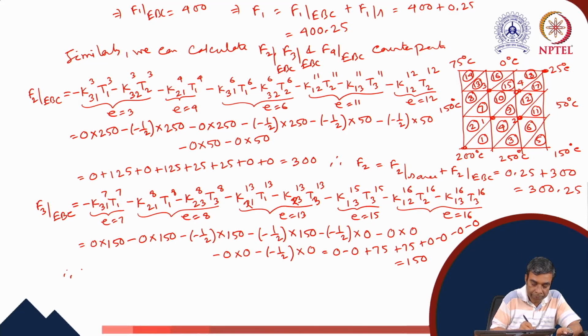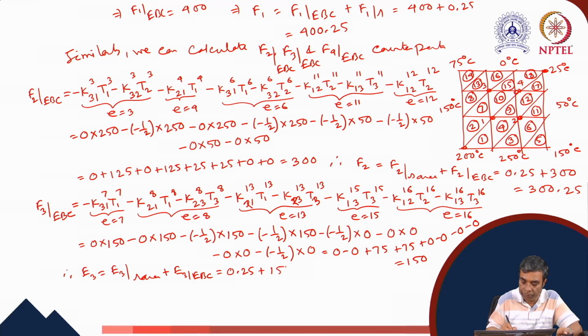So we get E3 equals to E3 source plus E3 EBC equals to 0.25 plus 150 equals to 150.25.